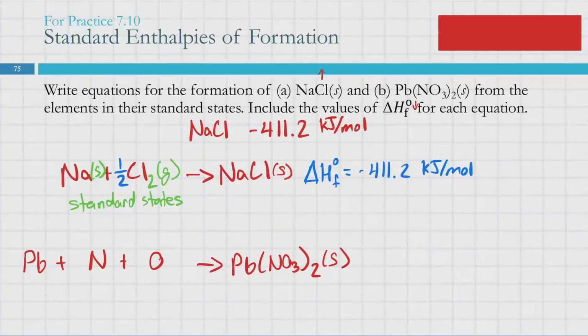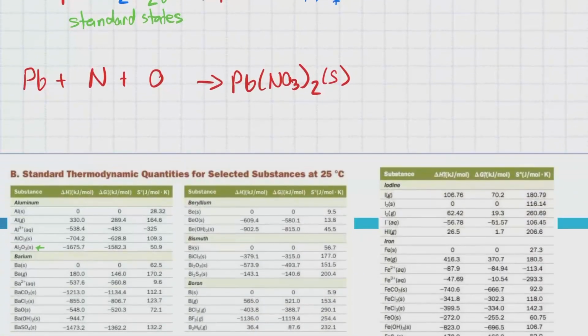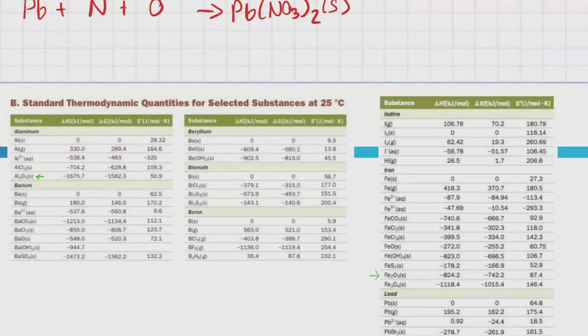We need to put those into their standard states. So peeking ahead, this table has a couple of different values. We've got the delta H, we've got delta G, we've got a standard value for S. We're just going to be focused on the first column.